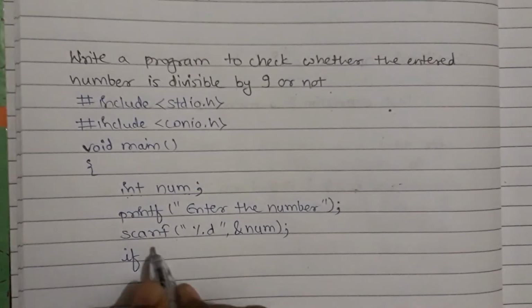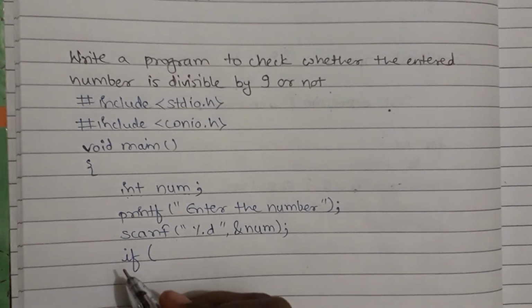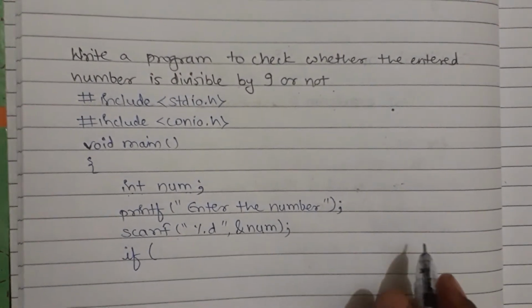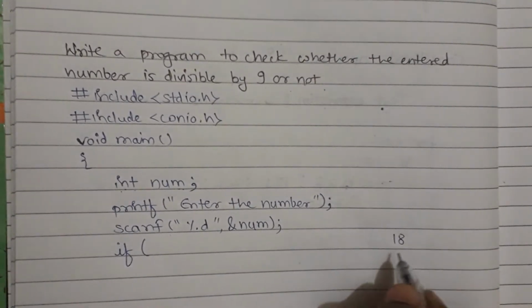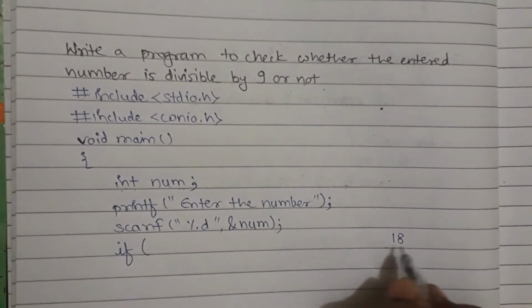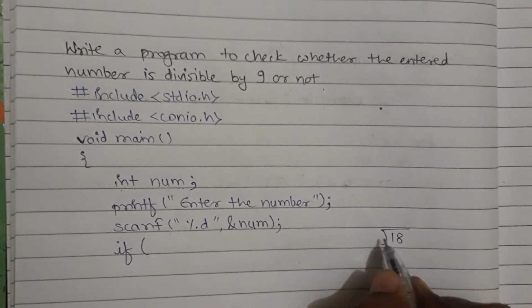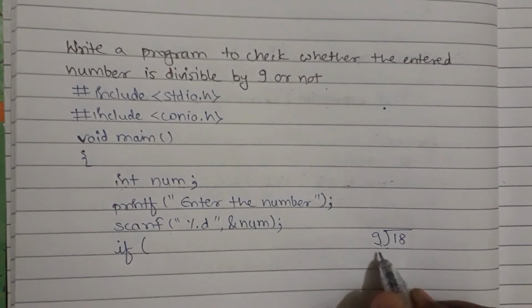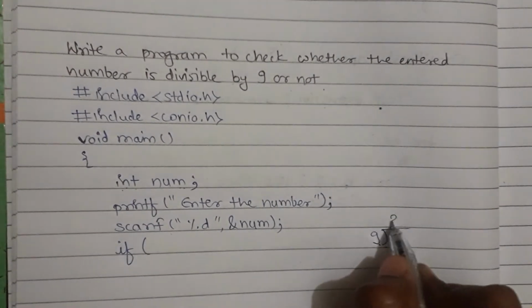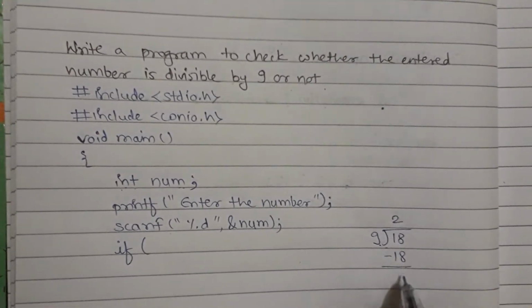So therefore we write the if statement. Now we have to check whether the number is divisible by 9 or not. Whatever the number is, for example 18, if we divide it by 9, then its remainder should be 0.